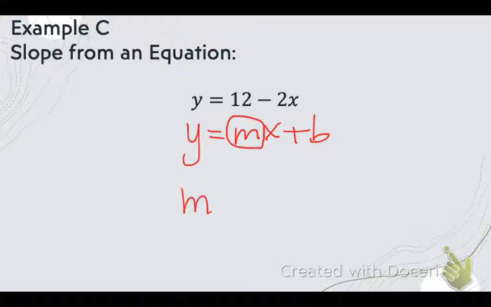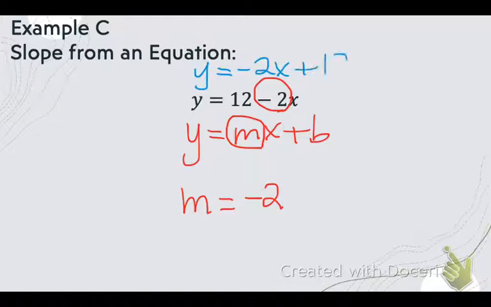So the number in front of x is negative 2. I could rewrite this equation as y equals negative 2x plus 12. So I have to include that minus sign in front of that 2. Notice again, I do not include the x.